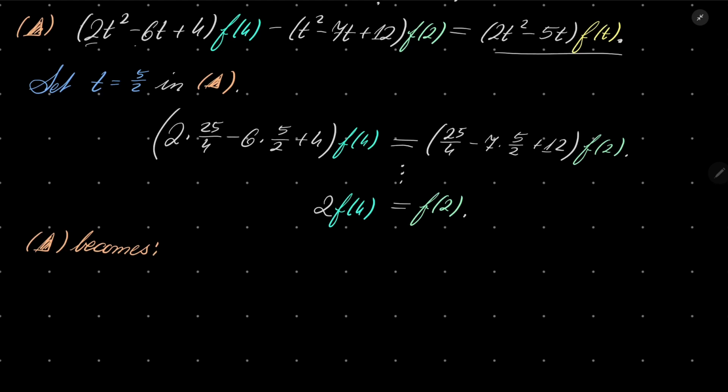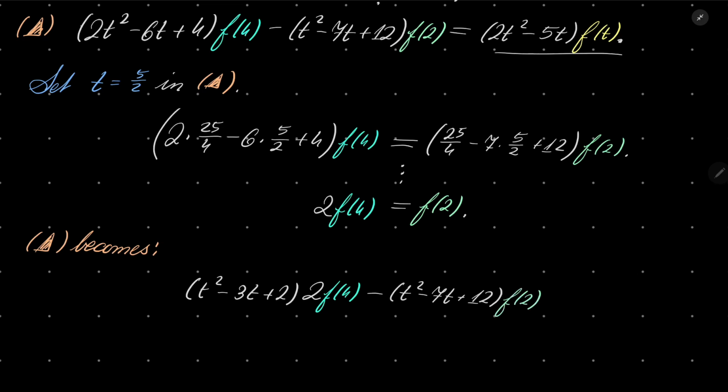Maybe I will write it. (t² − 3t + 2) · 2 f(4) minus (t² − 7t + 12) f(2). That actually equals (2t² − 5t) f(t).